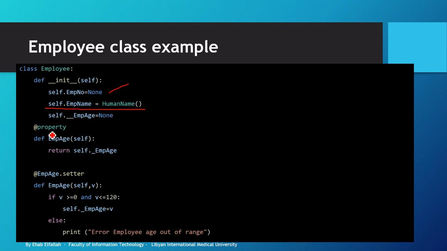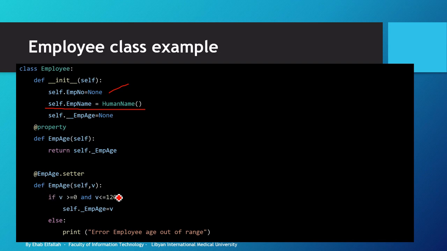Then we create a property, at property. This is a decorator. We define employee age here with underscore, here without underscore. We receive the self, then we return the self dot employee age. This is not correct, sorry for the mistake. And we assign the setter, employee age, the same name dot setter, and we define another method.